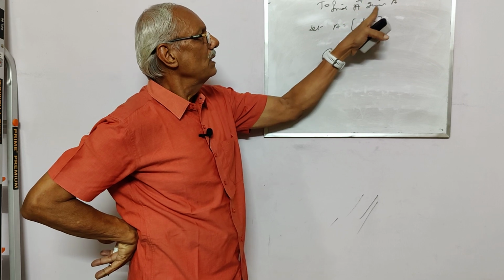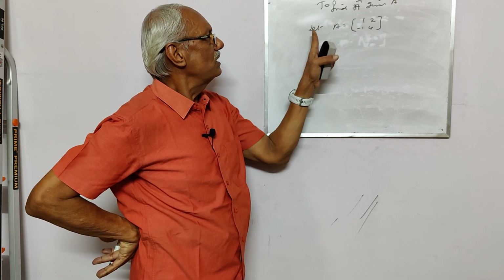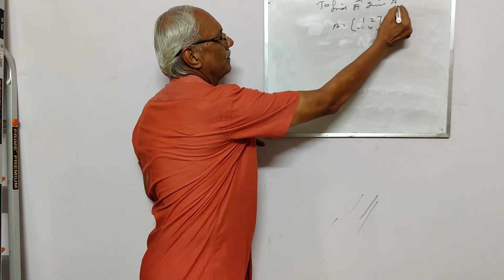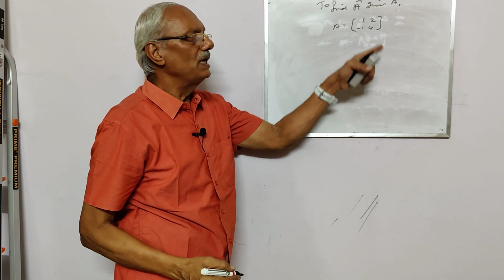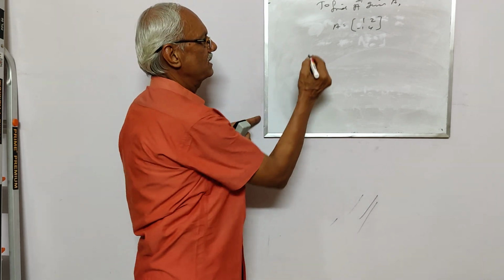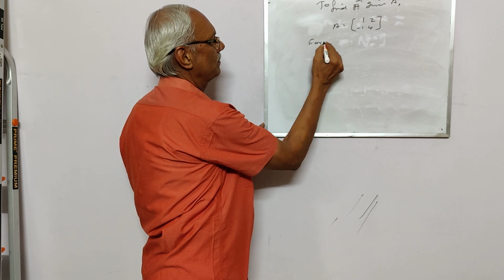Find A minus 1 given A. What is that A? A is 1, 2, minus 1, 4. How to get this? See, formula. First, I'll write the formula.